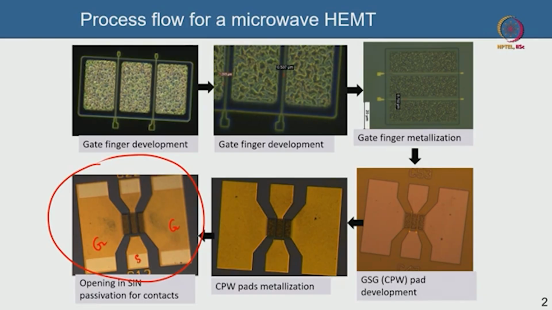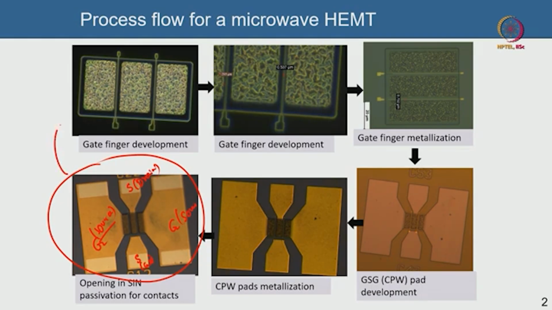This could be, for instance, the gate, and this could be a signal which is the drain. So this is the drain and this is the gate, and these grounds are essentially sources. Now this is the configuration in which you actually make RF devices on the wafer. So you have to characterize them on wafer using this kind of a structure.